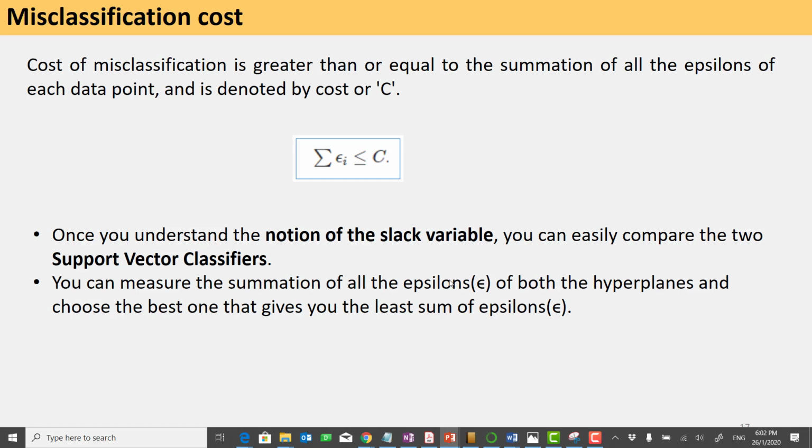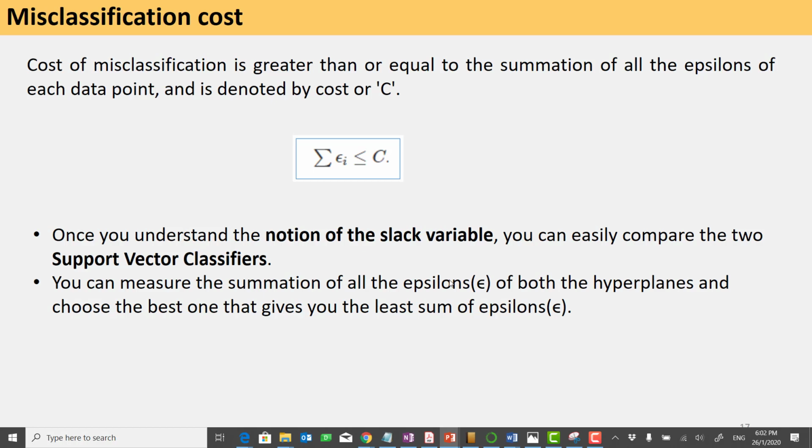The same thing we discussed in the past. The cost of misclassification is greater than or equal to the summation of all the epsilons of each data point. If there is only one, then your error is probably less. If there are more, there might be more that is misclassified. So it's a summation of all epsilons of each data point and is denoted by cost, or C.